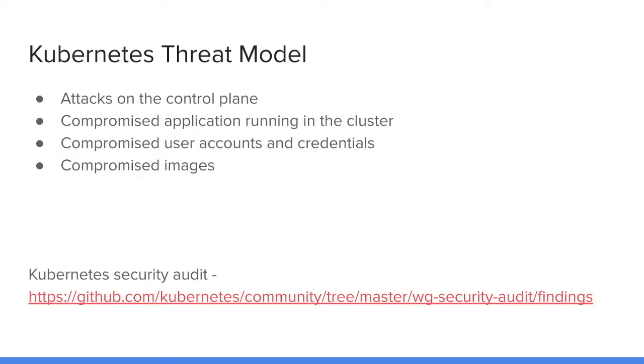So if we think about all of that, we have attacks on the control plane, we have compromised applications running in the cluster. Imagine a scenario of somebody hacking into one of the workloads, one of the applications that you run in the cluster, and now having access to the container that's running that application. We also have compromised user accounts and credentials, and those can be used potentially to access the cluster and compromise the cluster. And we also have compromised images, essentially a supply chain risk applied to your environment.